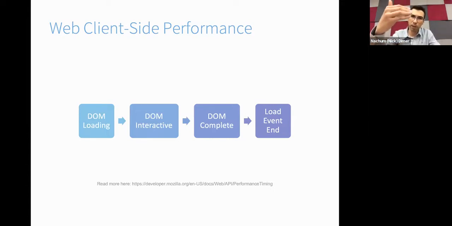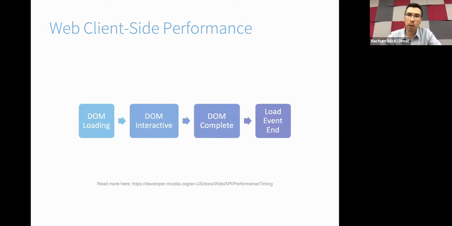So by this moment the user starts to see, instead of a white page, our layout, which is very important because it means the user can start to get engaged with our page. So the first thing we always need to make sure is that DOM interactive is as short as possible, okay?